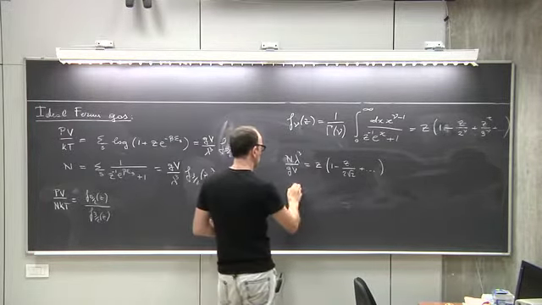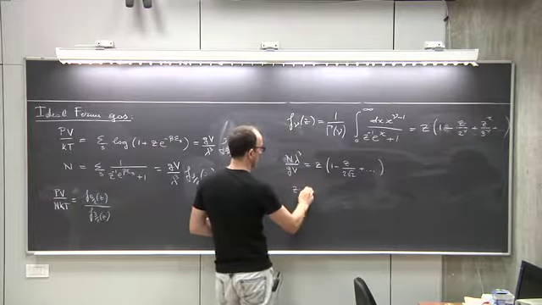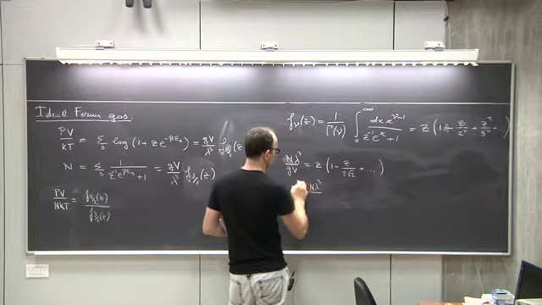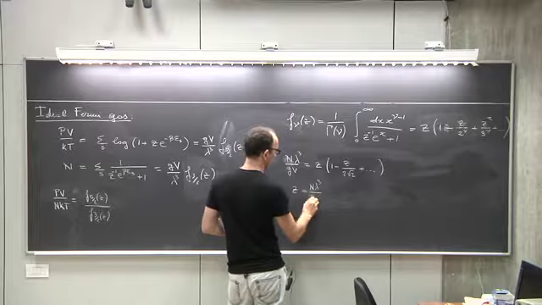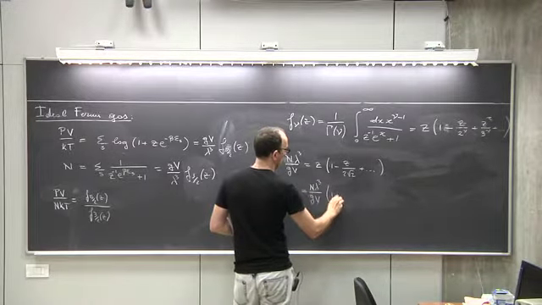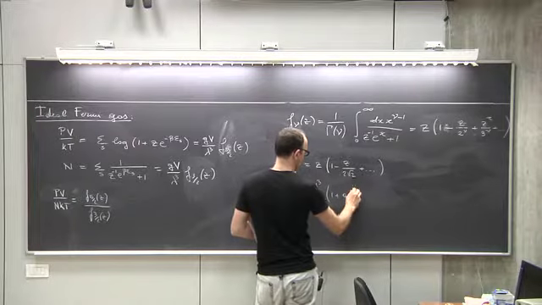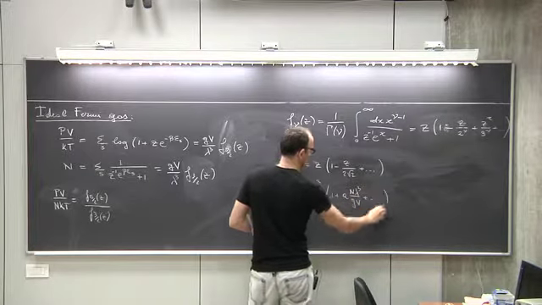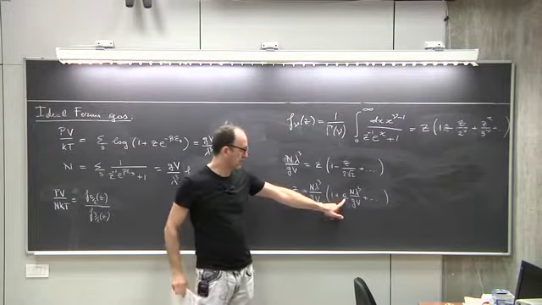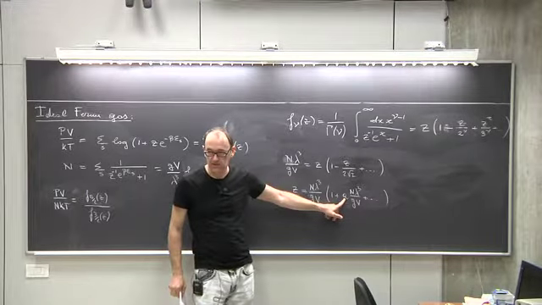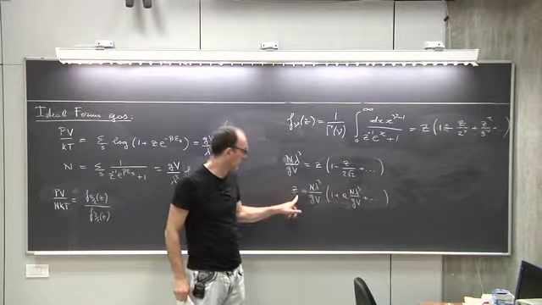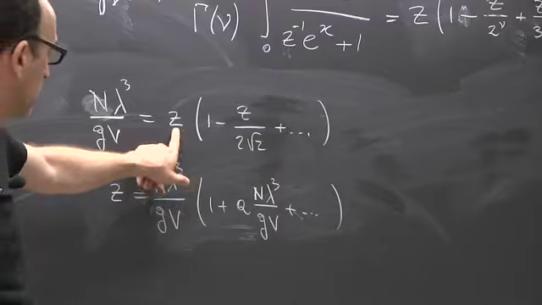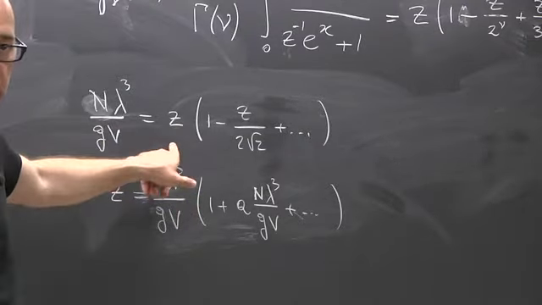So what you can do is to set, to leading order, z equal to n lambda cubed over g_v, and then you will have 1 plus a constant times n lambda cubed over g_v. The way in which you find this constant is by putting this expression in this formula here.